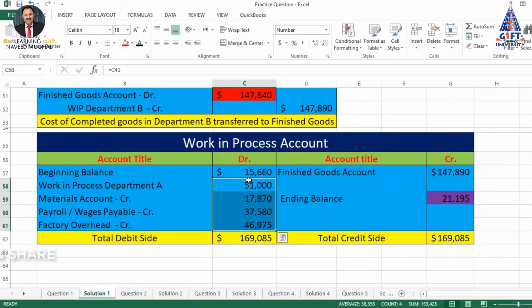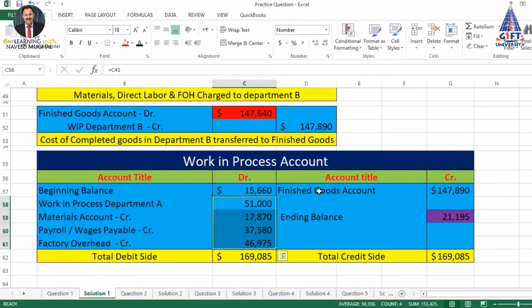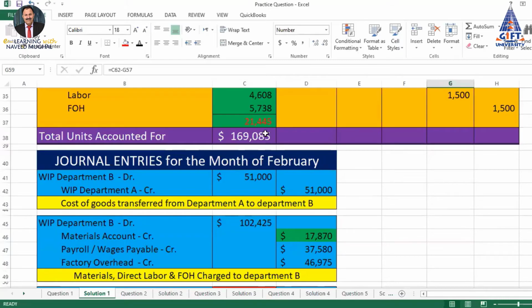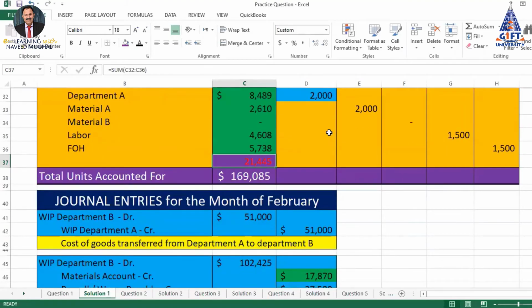Whichever cost is charged to the department is debited, and whichever cost is transferred from that department is credited. So here we have credited 1,47,640, and in this way we have an ending balance of 21,445, which is equal to the figure that has already been calculated by us in our cost reconciliation summary.